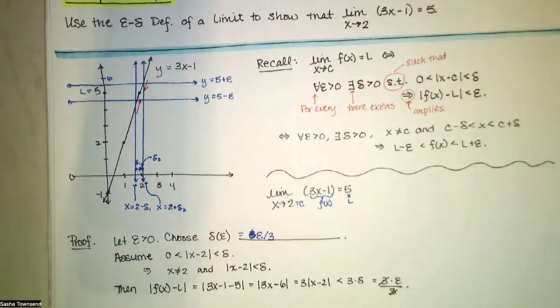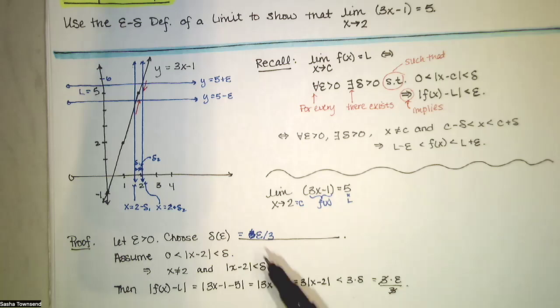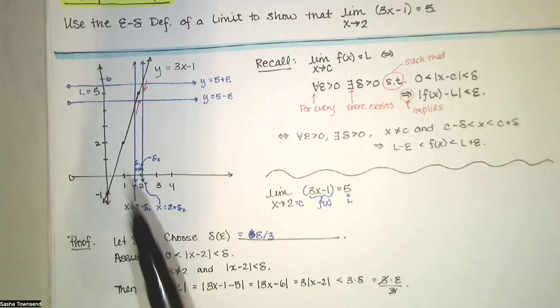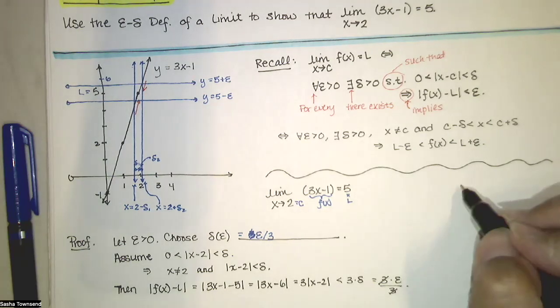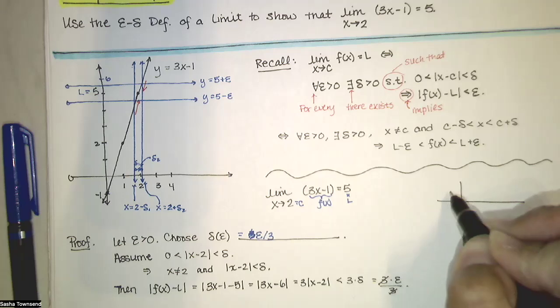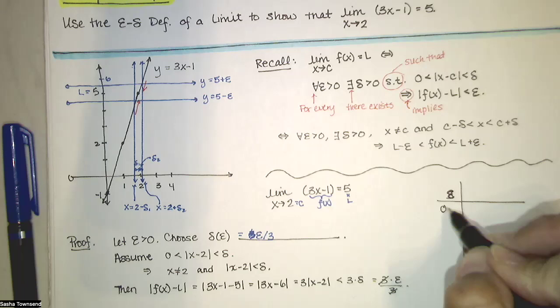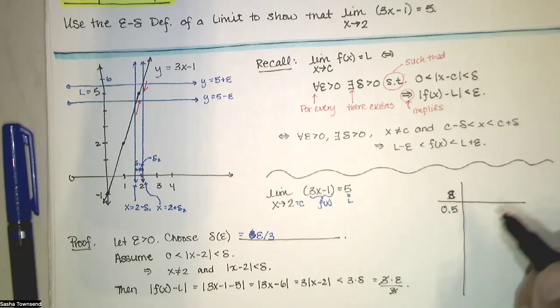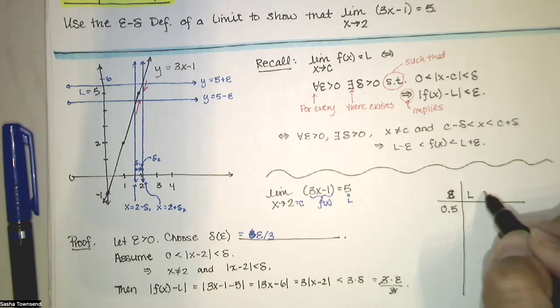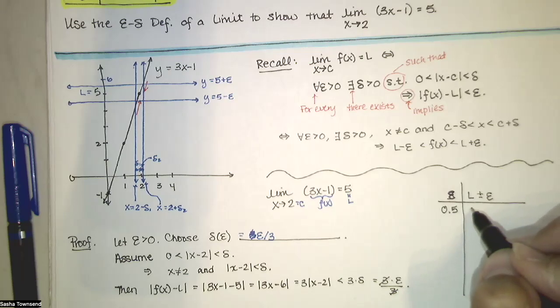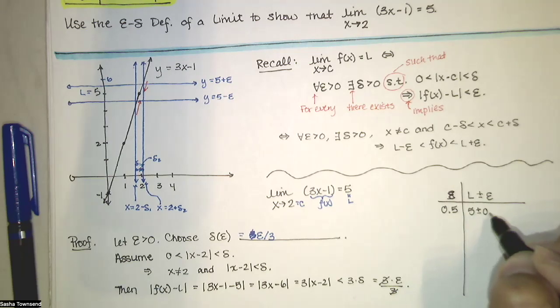If you're saying that really didn't help me understand the concept very much, we'll just think about it. This is saying, like, if we're on the interval from 4.5 to 5.5. Oops, I wrote a 3 instead of an epsilon. Let's say epsilon is 0.5. Then y equals L plus or minus epsilon, so L equals 5 plus or minus 0.5.